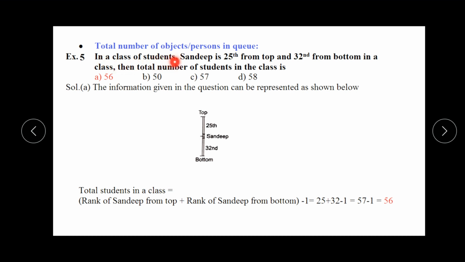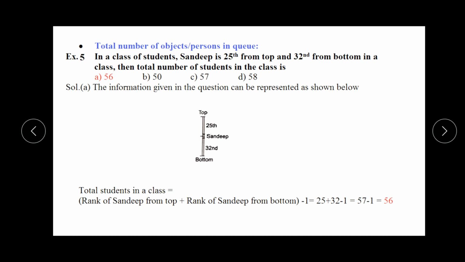In a class of students, Sandeep is 25th from the top and 32nd from the bottom. The second position of Sandeep is from the bottom side. Sandeep's position from the top is 25th, and from the bottom is 32nd.